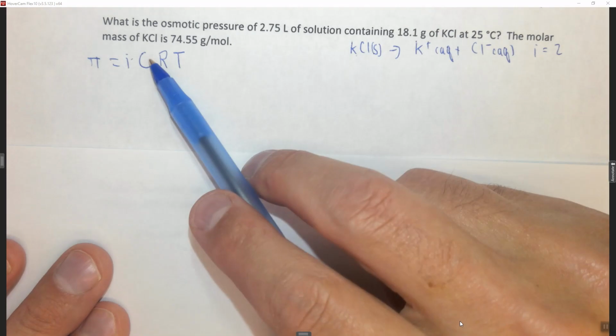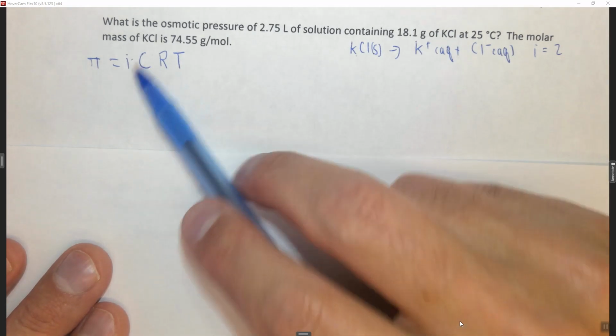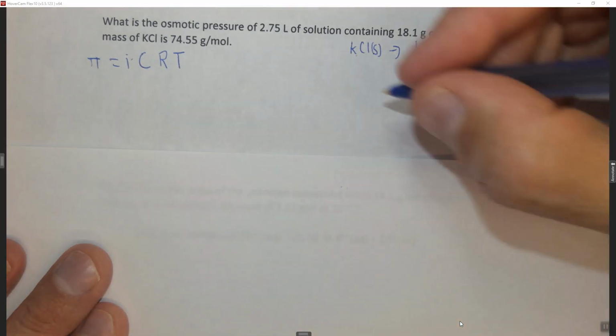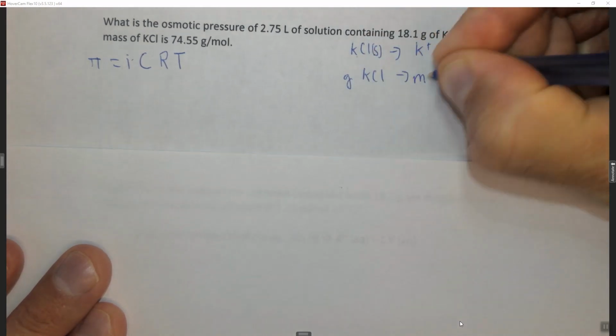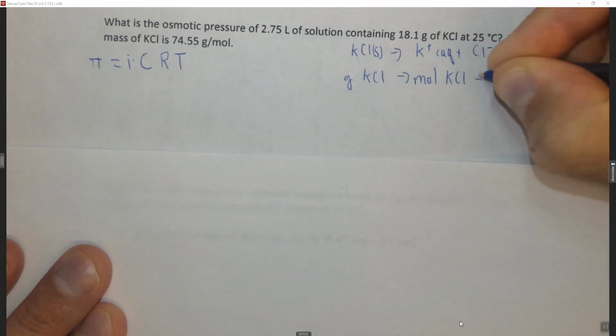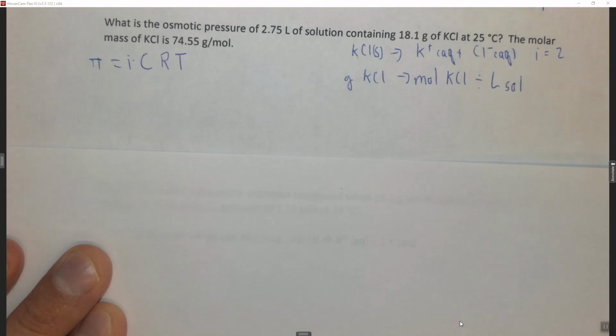For the concentration, here we're using molarity, not molality, so moles per liter. To do that, we want to go from grams of KCl to moles of KCl, and then divide that by the liters of the solution.